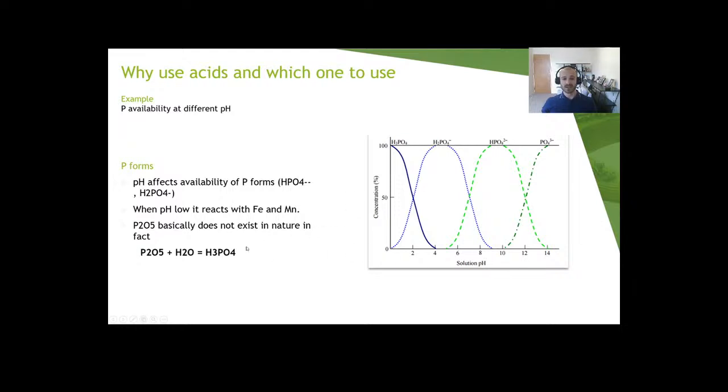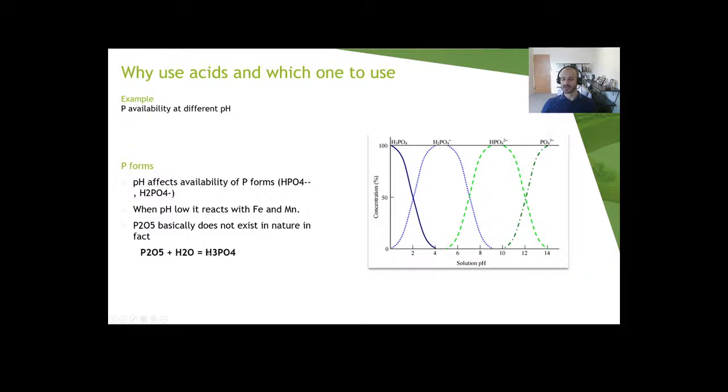And probably, if you are a grower, you're already calculating your phosphorus level as P2O5. But P2O5 doesn't really exist in nature, because in nature, whether in the soil or in the nutrient solution, there's always water. So actually in nature there's no P2O5.